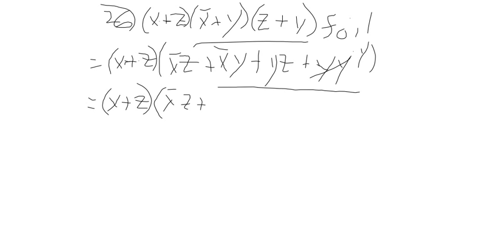I'm going to do this term first. Y factored out of that just gives me a 1. And then that's going to leave me a or x naught or z. Again, 1 or anything is 1. So all that reduces to 1, and 1 or y gives me a y.